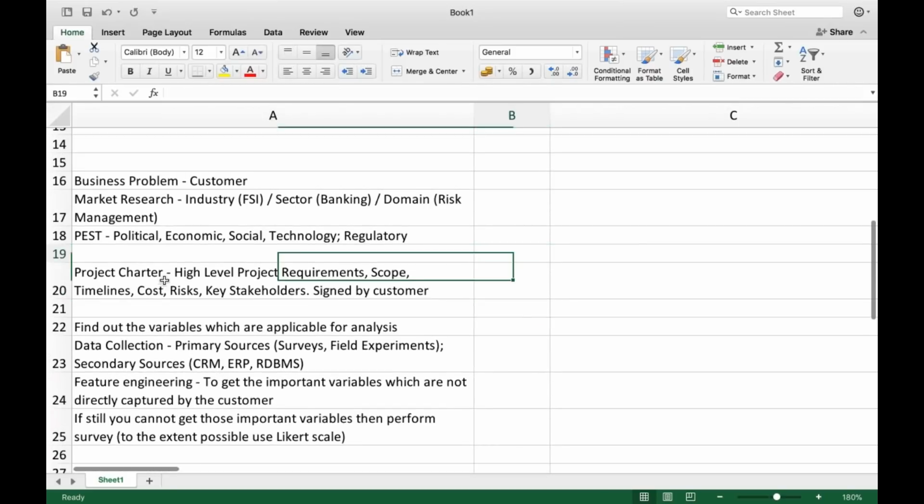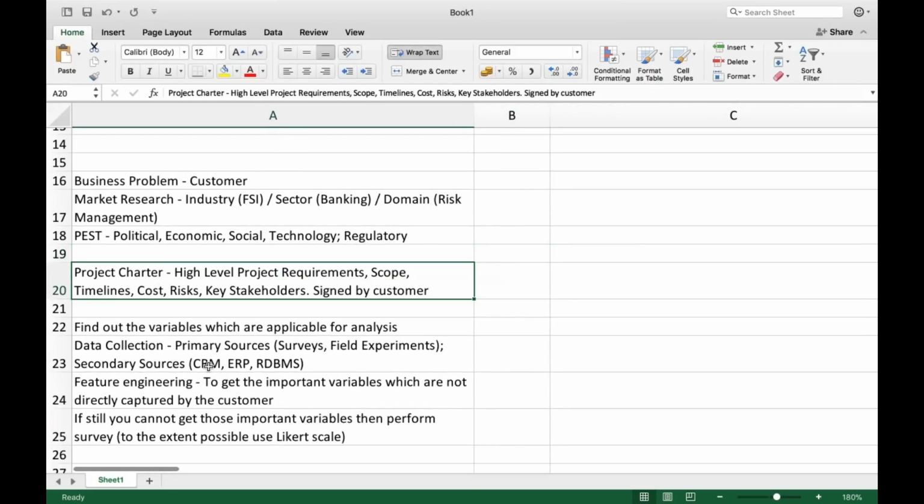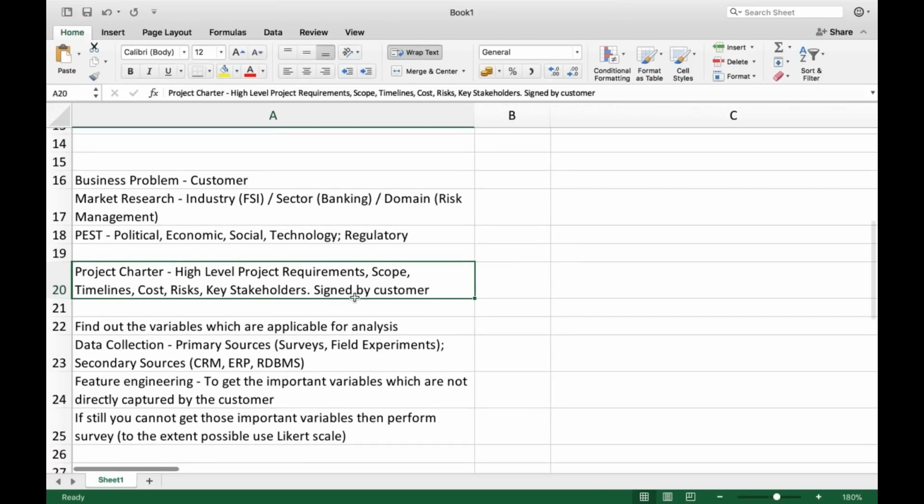Then you come up with a project charter with high level project requirements, scope, timelines, costs, risks, key stakeholder details. Get it signed by the customer. That means formally you can start on the project.